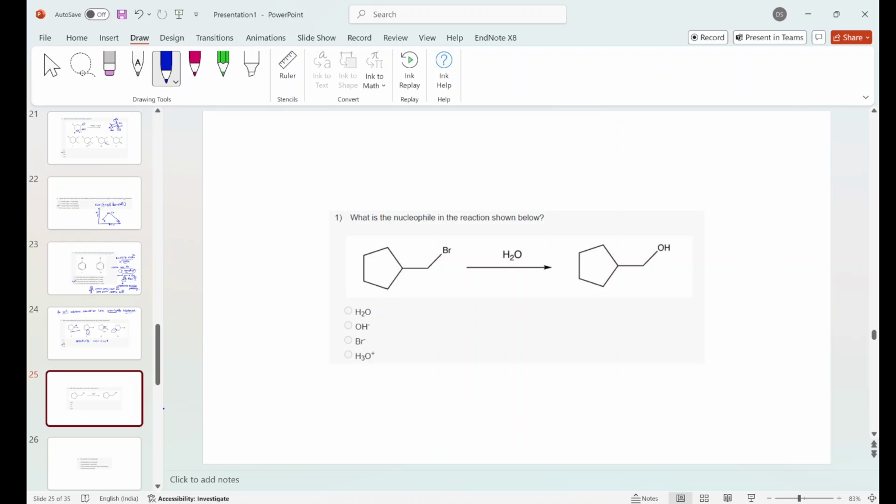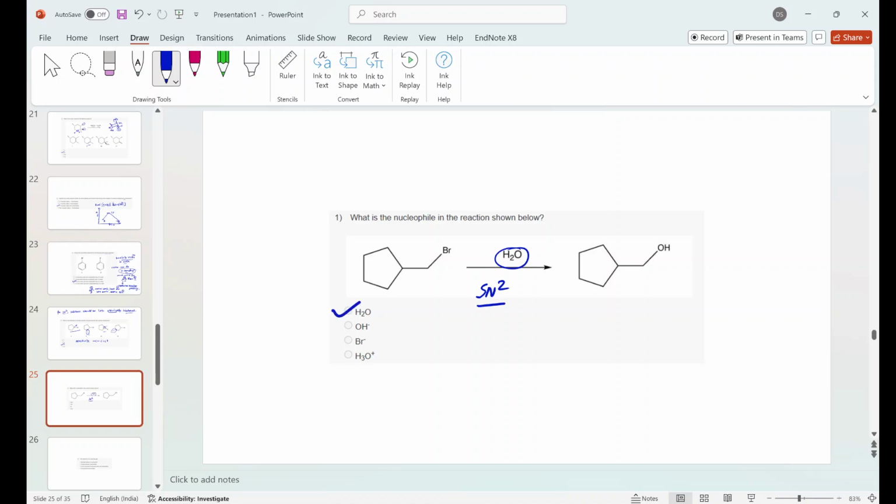Then what is the nucleophile in the reaction shown below? We can see here that it is an SN2 reaction. So water is acting as nucleophile as well as base, right?